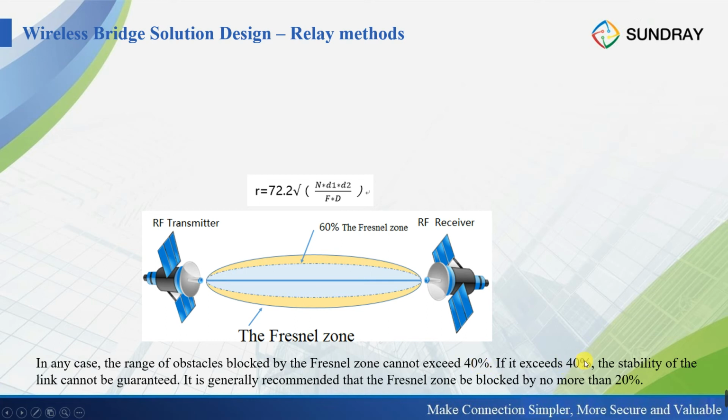If it exceeds 40%, the stability of the link cannot be guaranteed, and it is generally recommended that the Fresnel zone be blocked by no more than 20%.